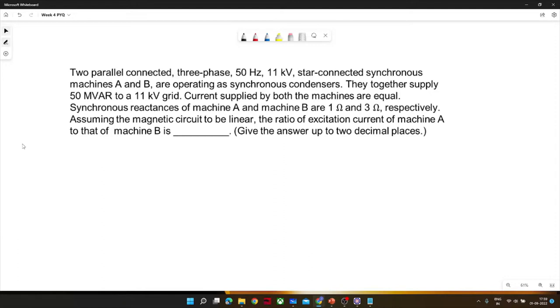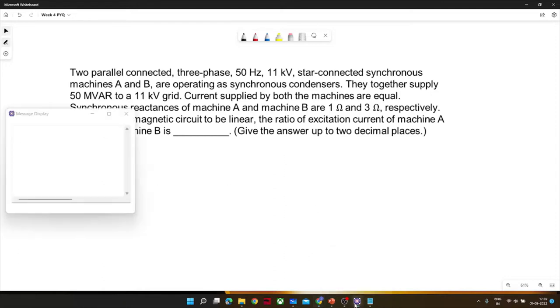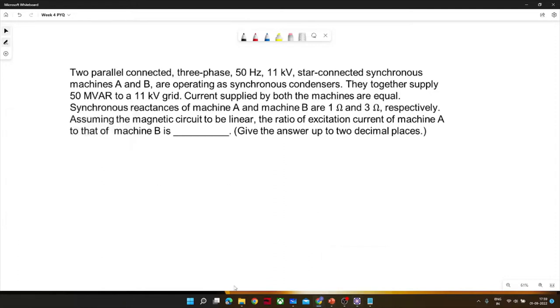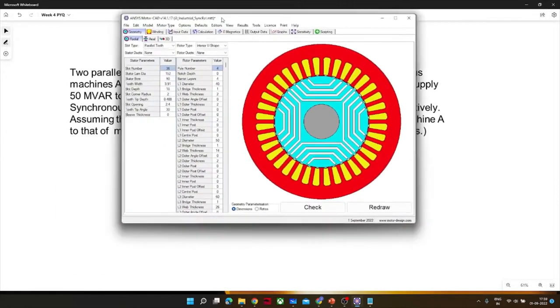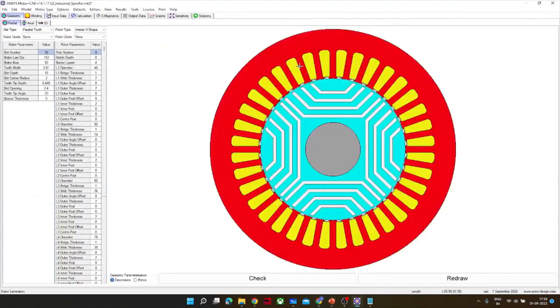And let me show you one model of synchronous machine. Are you guys able to see the model on the screen?